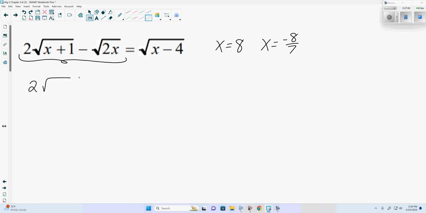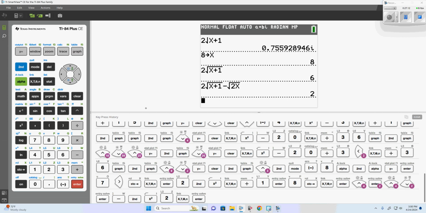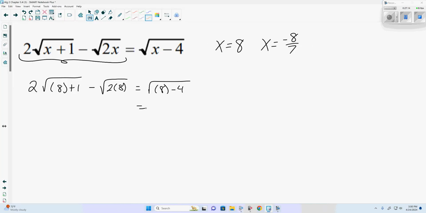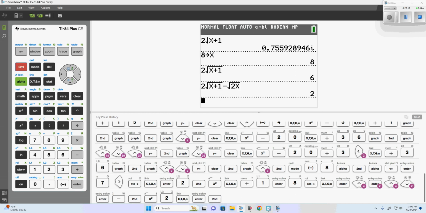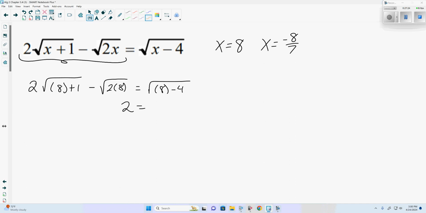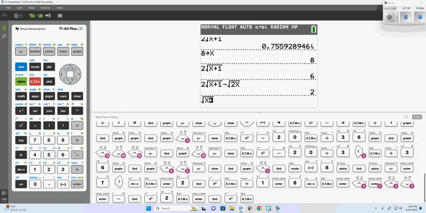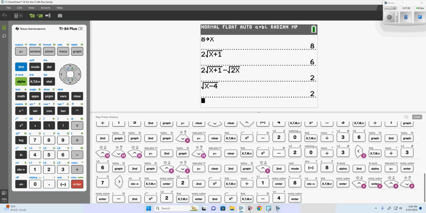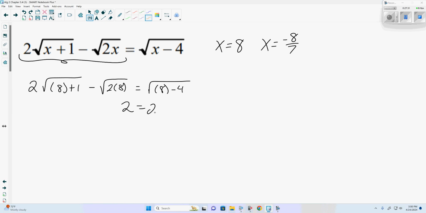So 2 square root of 8 plus 1 minus square root of 2 times 8. Now the left-hand side, when I actually typed it in correctly, we got 2. On the other side, square root of x minus 4 is also 2. So 2 does indeed equal 2.